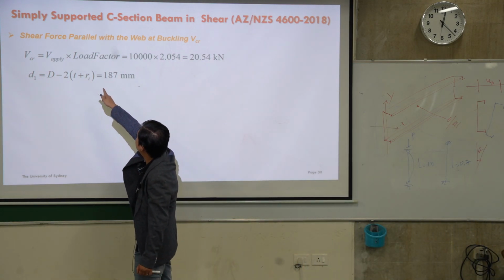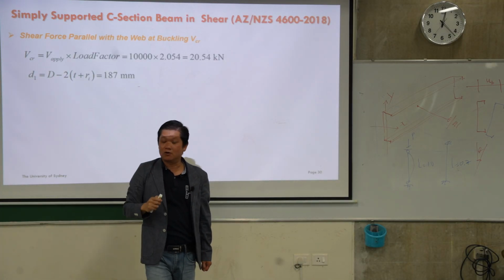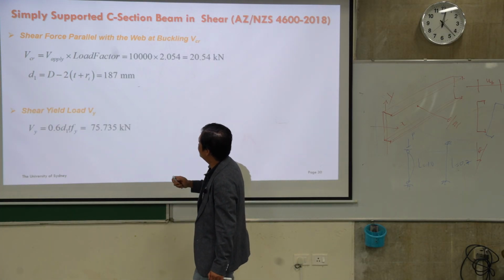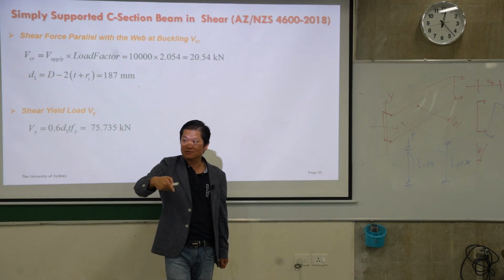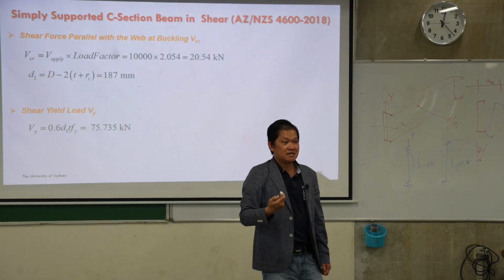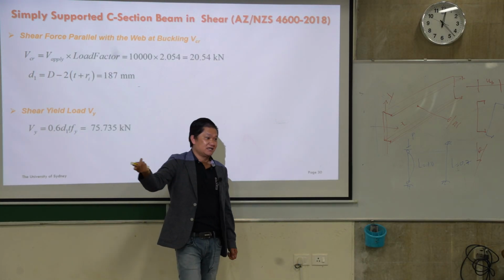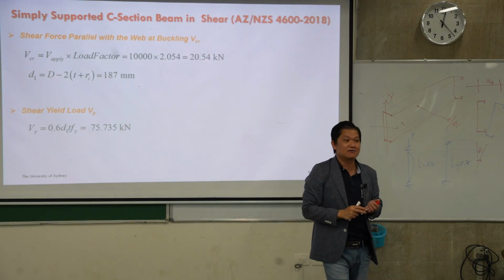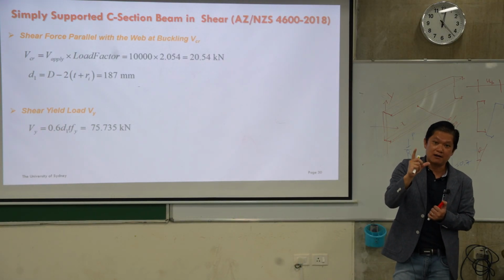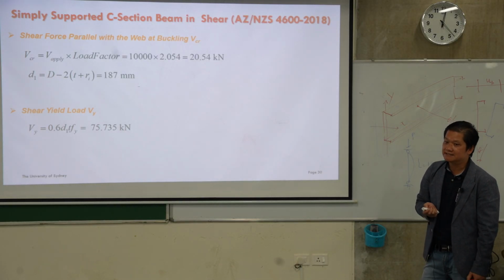multiply with the load factor, then you get the shear buckling load V critical, and then from that you calculate the Vy, the yield, similar to My. And in here, a very popular equation in the standard: 0.6 of D1, you just take into account the flat web portion, and then you multiply with t, the thickness, and Fy, you get Vy.